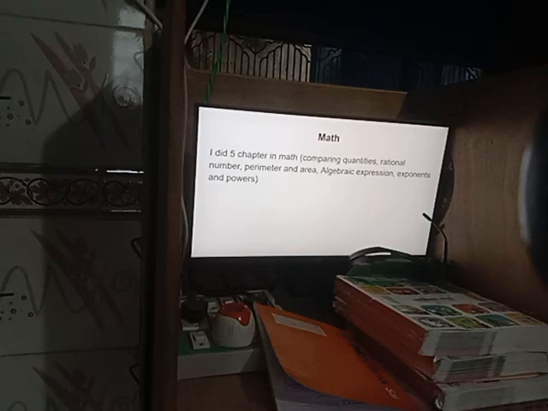And the perimeter of a parallelogram will be different. It will be 2 multiplied by length into breadth, not base and height.